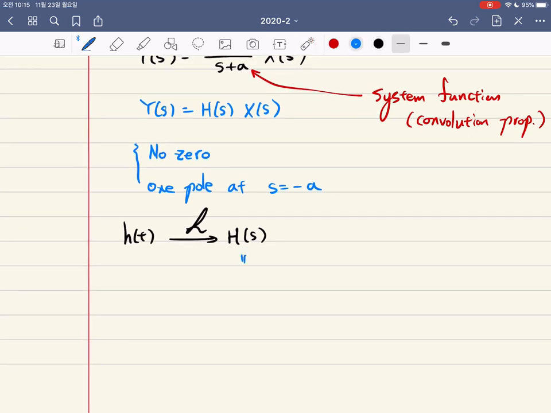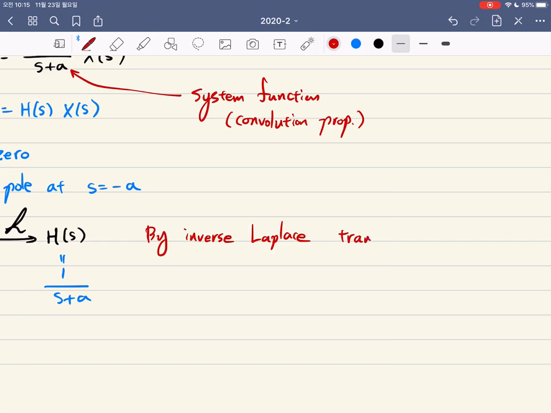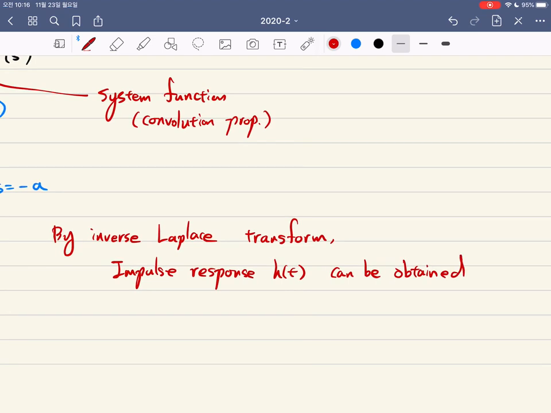So we know that this is 1 over s plus a, and by inverse Laplace transform, this h(t) can be obtained.